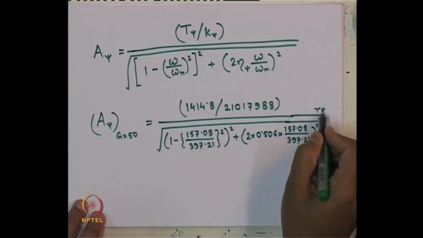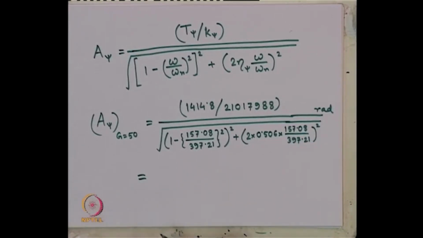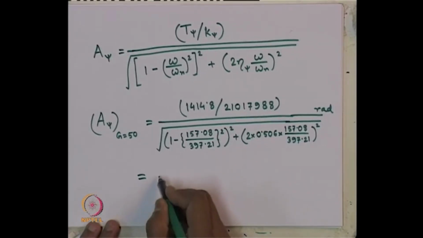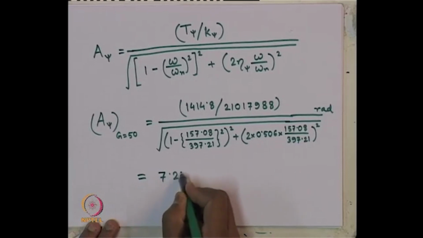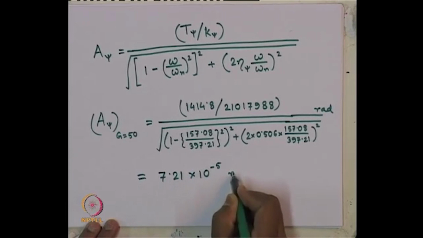This much radian is the unit. Let us calculate this and see how much we are getting. It is coming 7.21 into 10 to the power minus 5 radian.